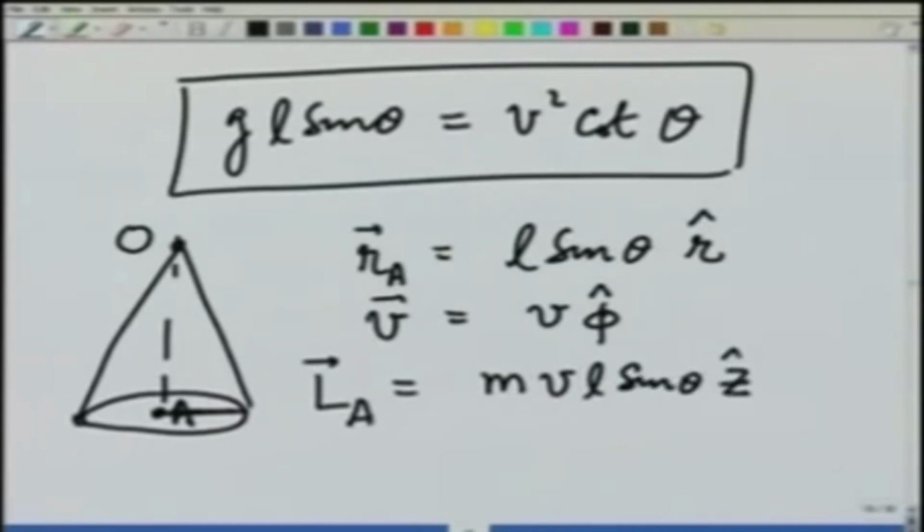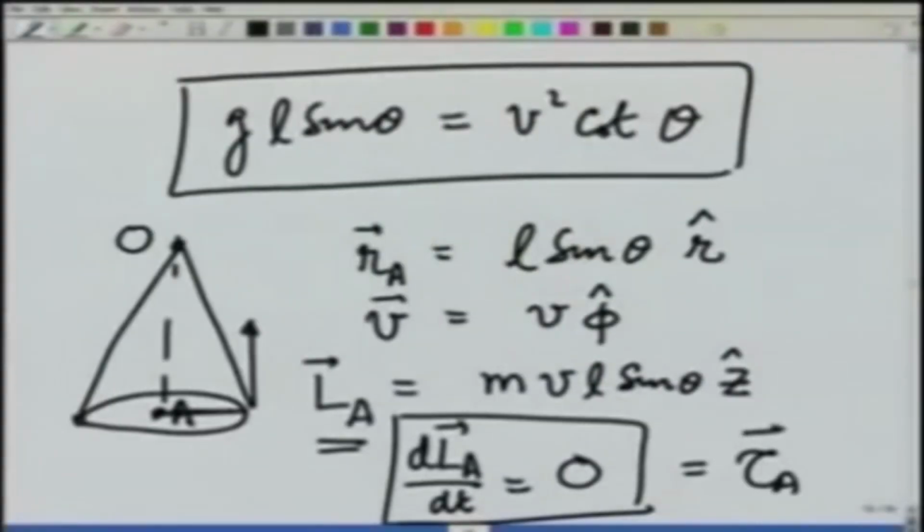You see, when I take angular momentum about point A, only the vertical component remains, the horizontal component has vanished, and therefore, when I take dL_A/dt, everything on the right hand side is constant, and therefore, this comes out to be 0.